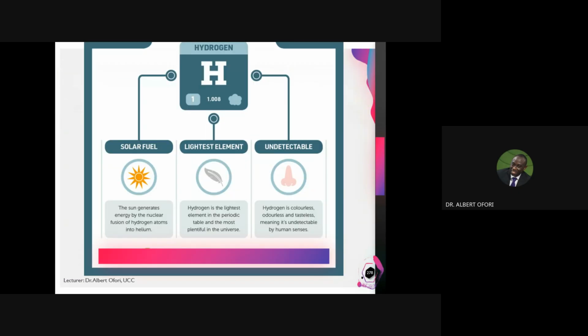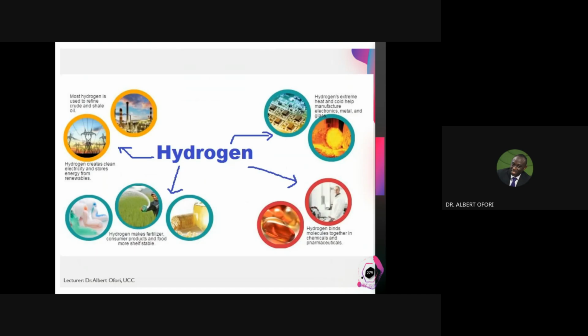If you look at some other properties, for solar cells or solar fuels, of course, because hydrogen is odorless, colorless, and lightweight, we can use a lot of hydrogen. Then, of course, we have other usages of hydrogen.